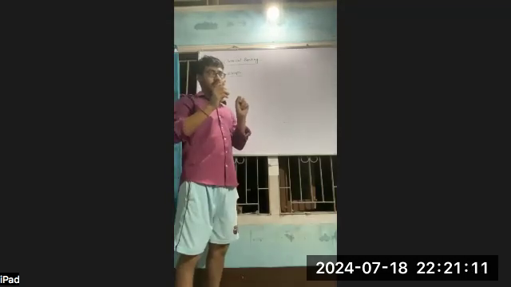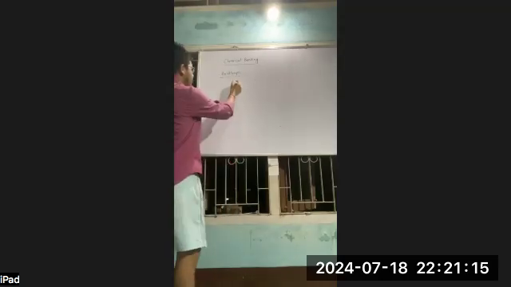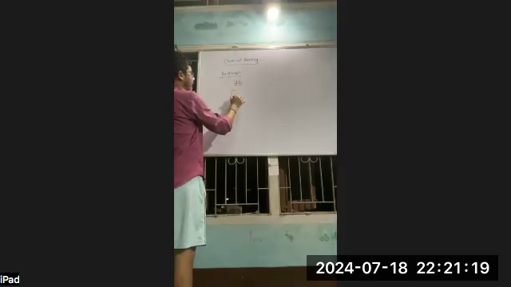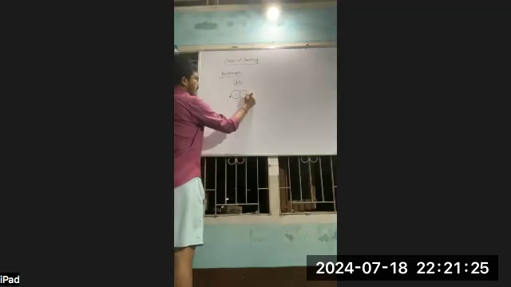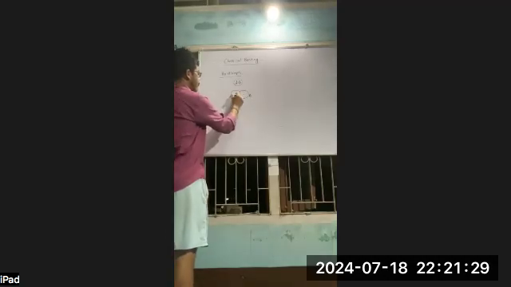If we consider the molecule is AB, then A has one center and B has one center. From one center to another center, this distance is called bond length.